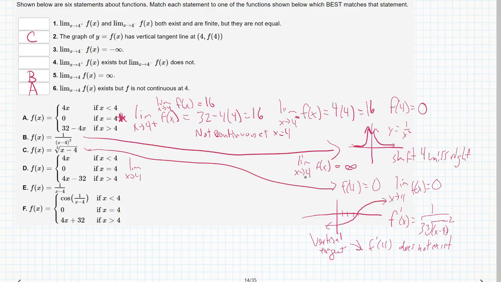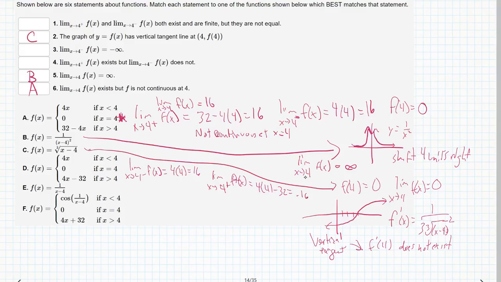The limit as x approaches 4 from the left of f of x should be 4 times 4, which equals 16. And the limit as x approaches 4 from the right of f of x equals 4 times 4 minus 32, so that's going to be negative 16.